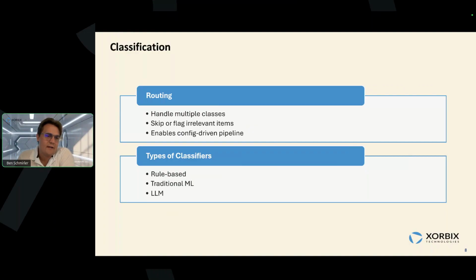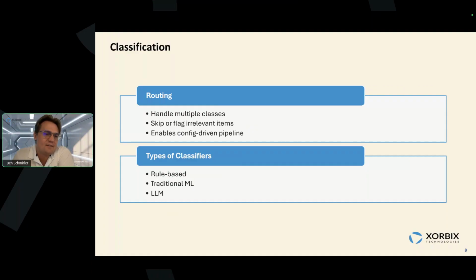Routing also enables config-driven pipelines. It's important that config-driven pipelines are used so that the solution you build is scalable. It doesn't just work on one document. It works on a representative set of documents. You don't want to design a solution that just works on one specific document.